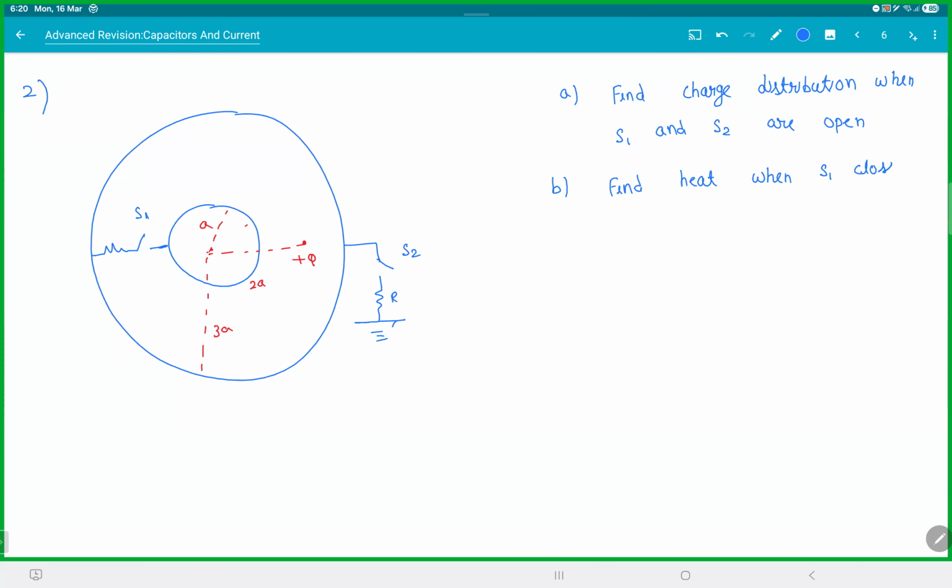You closed S1, it will produce some heat. How much is that? And S2 is open. And then find the heat when S1 and S2 both are closed. So first you closed S1, you got some heat. Then you closed S2, then you got some heat.